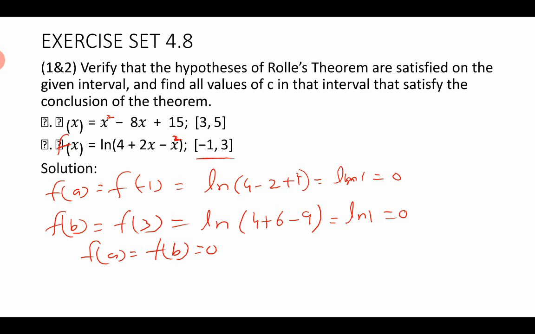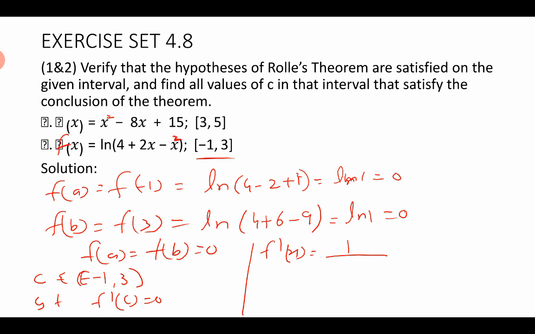Therefore, there is at least one c in the interval -1 to 3 such that f dash of c is 0. So find f dash. First f dash of x, then we will take c instead of x. It is 1 over (4 plus 2x minus x squared), and then differentiate the inner term, which is 0 plus 2 minus 2x, isn't it?